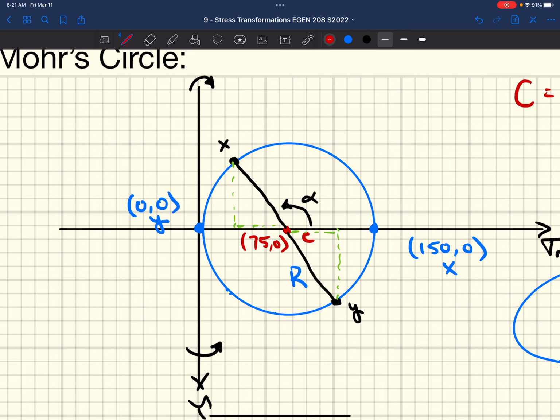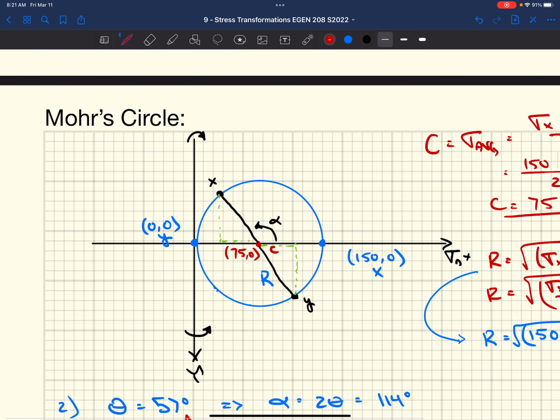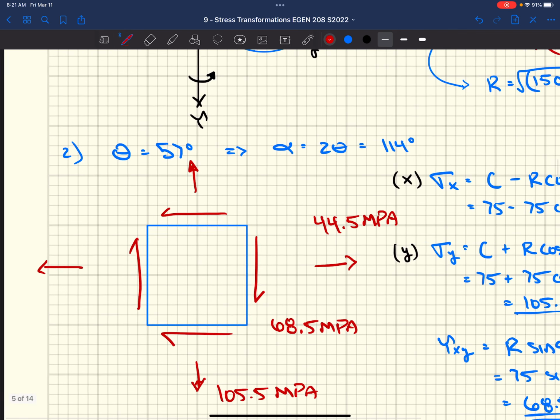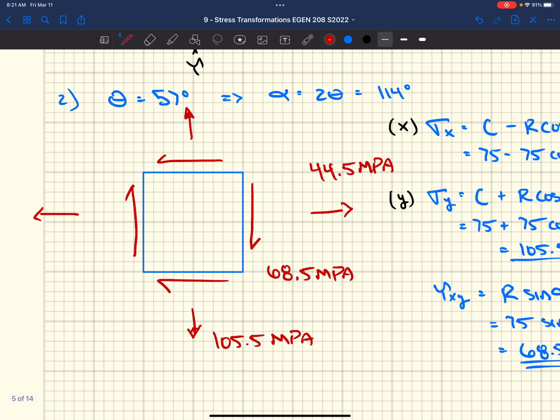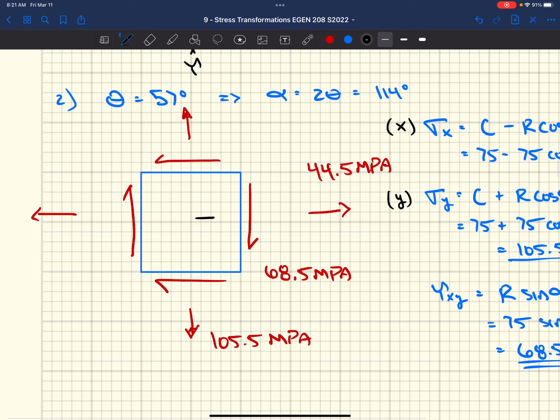If you use that convention with Mohr's circle, our X face should be spinning our block clockwise. Which, if we look at our X faces, I put coordinates on this for you. Okay, X and Y. So on the X face, these two forces are trying to spin clockwise, right?